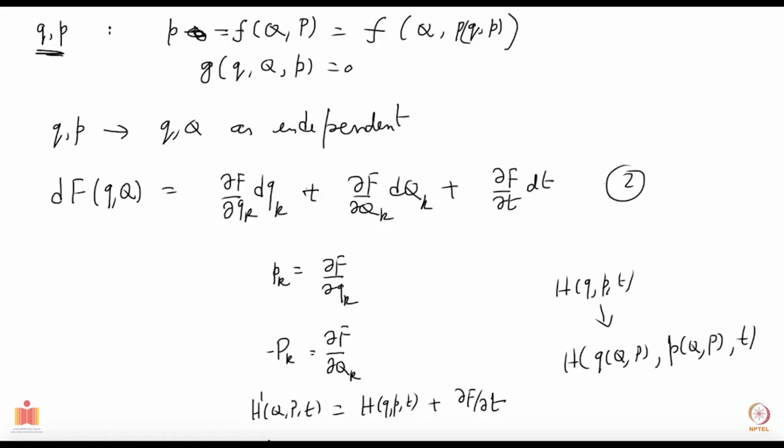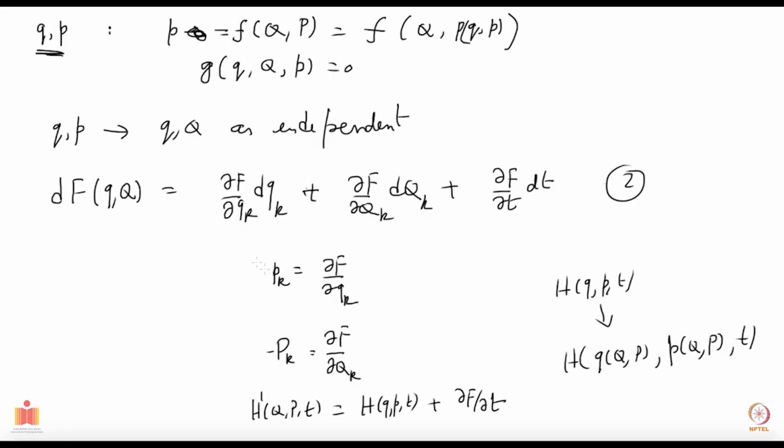So let's take a simple example and see how to generate transformations. Let me take f to be q times capital Q, and let's say we are looking at a system of 1 degree of freedom, so there is only one q, and whatever I write will immediately generalize to a system of n degrees of freedom. Now what do my generating equations say?